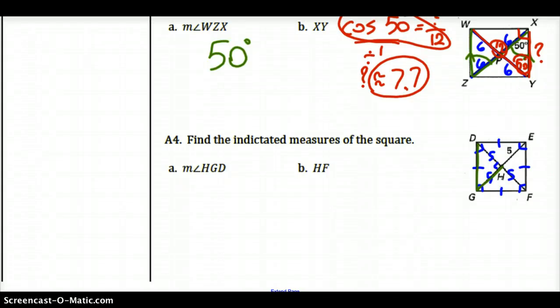And again, this is a right isosceles triangle. So this is 45 degrees. I can put 45 degrees right here. HF. HF is right here. I already know that. That is 5. These are your notes for 8-4.